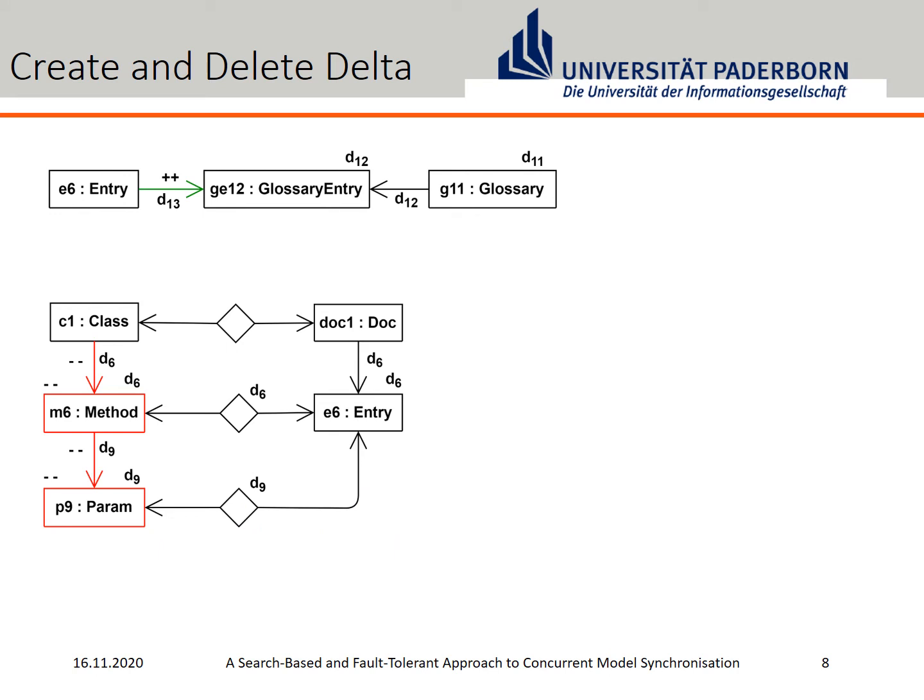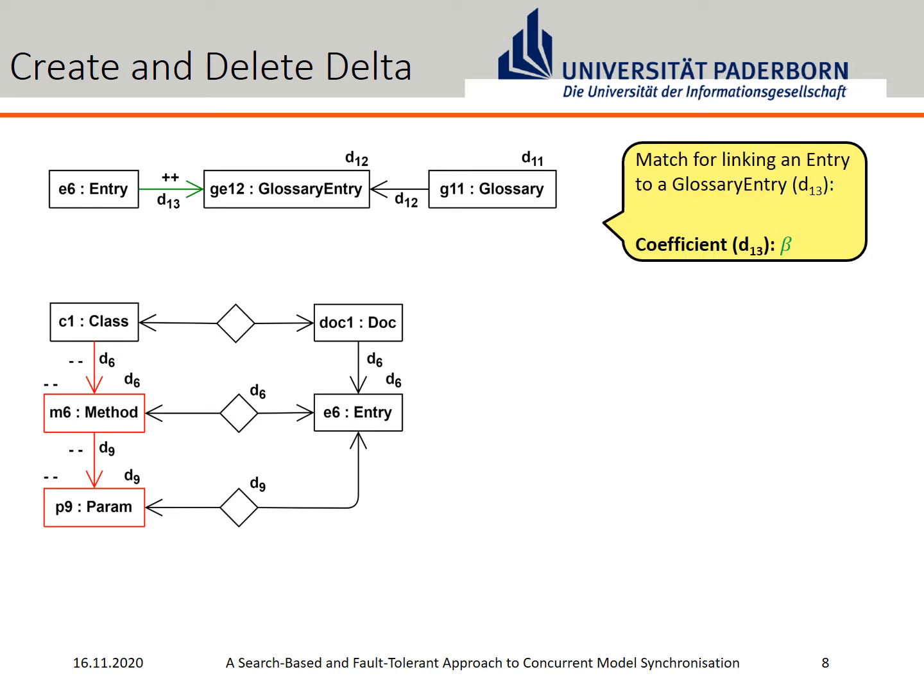In the following, the rating mechanism for rule applications is explained using the running example. Elements are annotated with the rule applications which possibly mark them. The rule application D13 marks only the green edge from E6 to GE12, which results in a coefficient beta for this rule application.